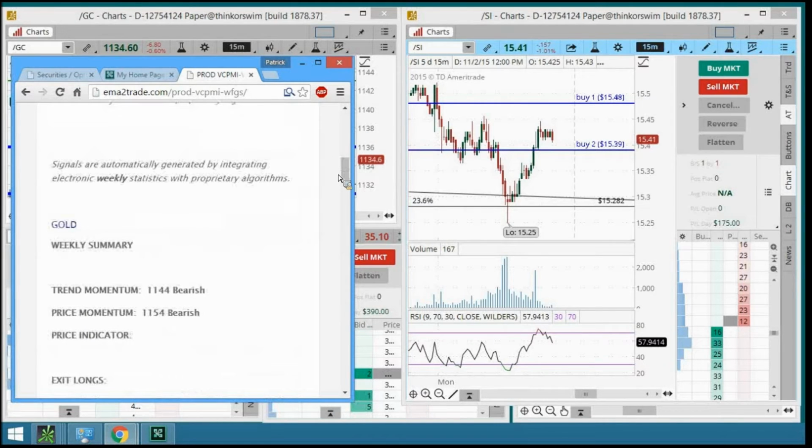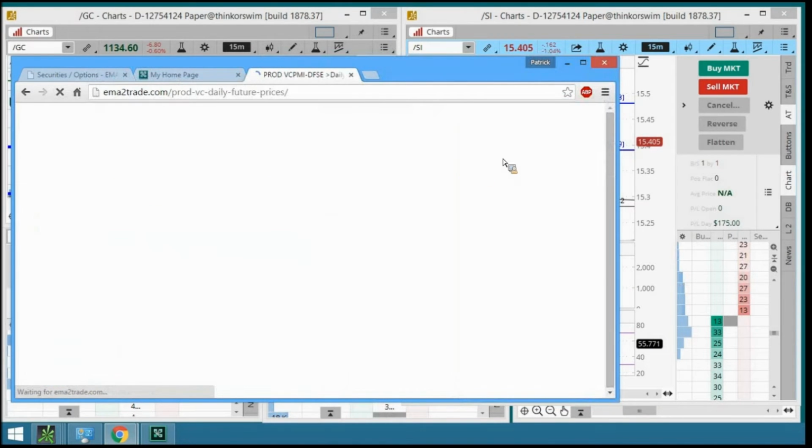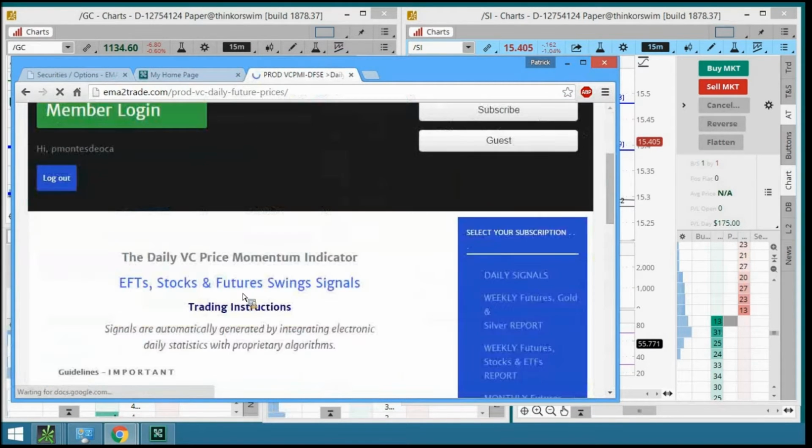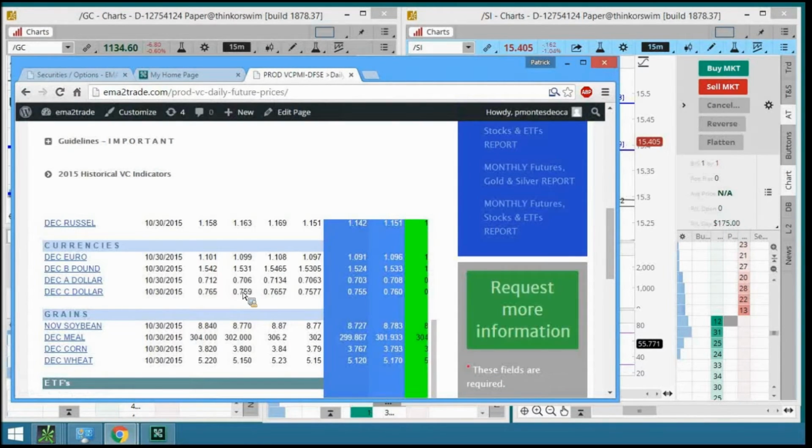Let's take a look and just see what that algorithm was telling us for the daily signals, which is today, Monday, November the 2nd.